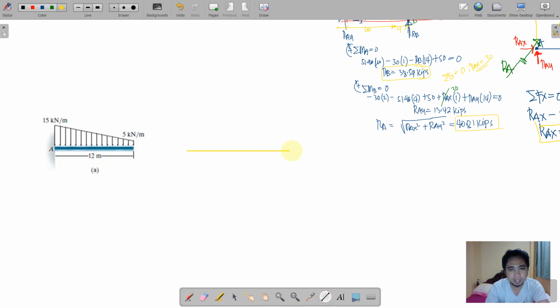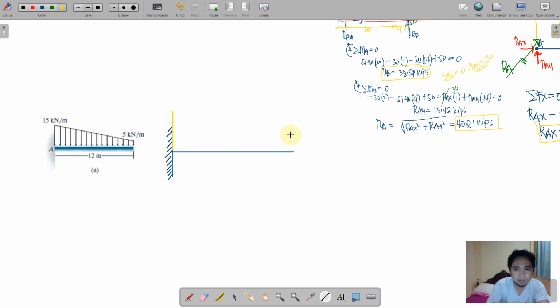So for the idealized structure, we have here the cantilever beam.